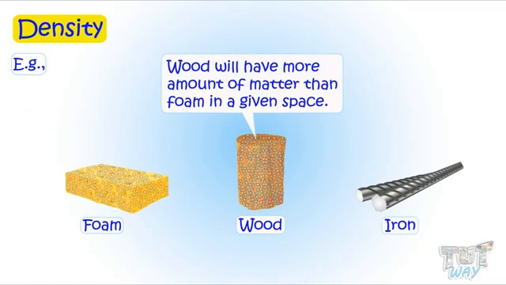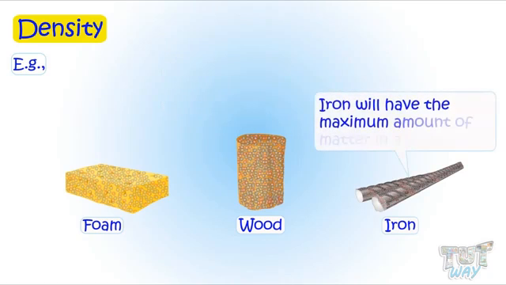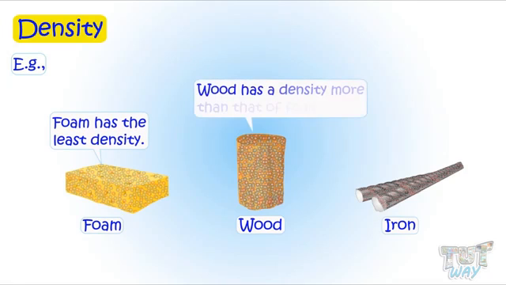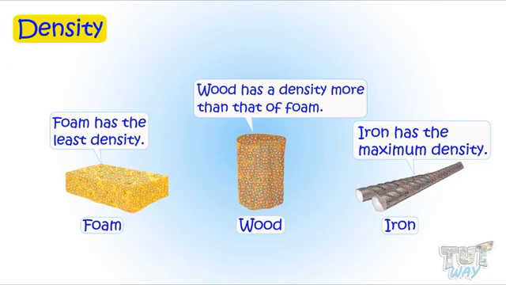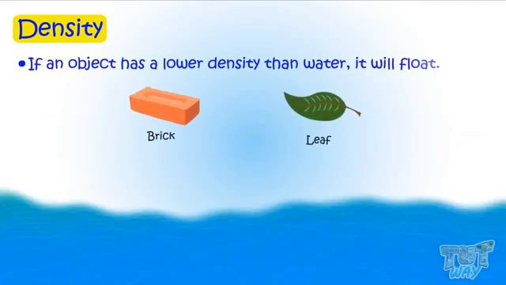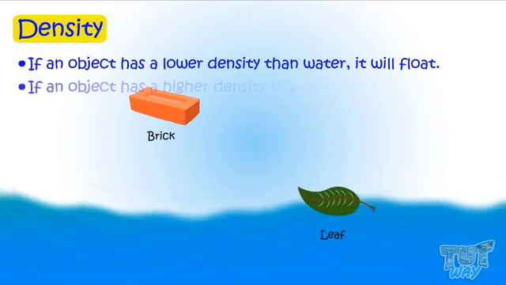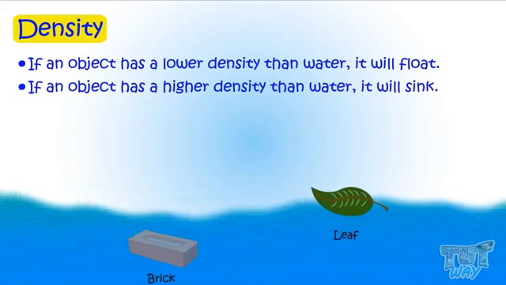Wood will have more amount of matter than foam, and iron will have the maximum amount of matter in given space. So we say foam has least density, wood has density more than that of foam, and iron has the maximum density out of the 3 types of matter. If an object has a lower density than water, it will float. If an object has higher density than water, it will sink.